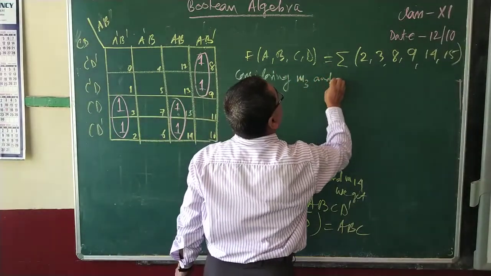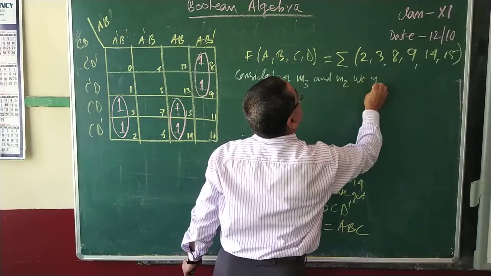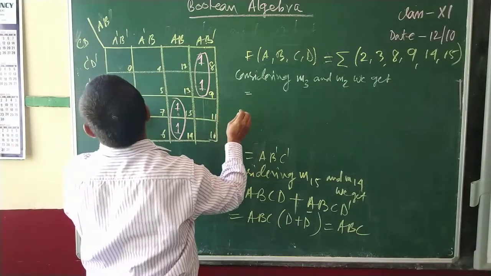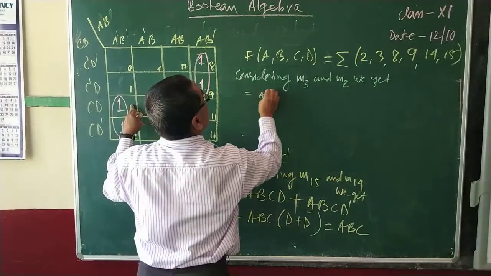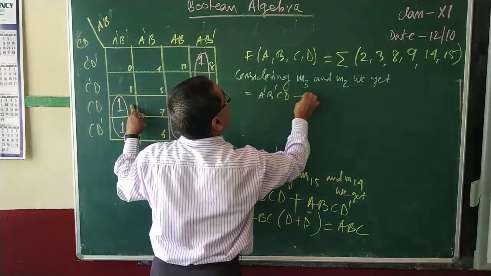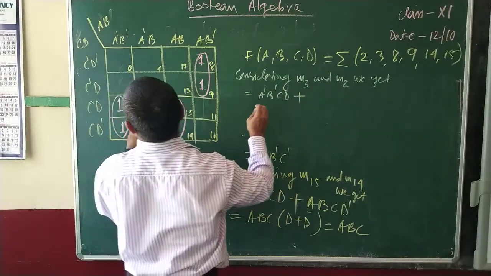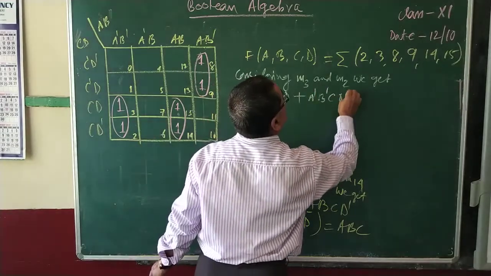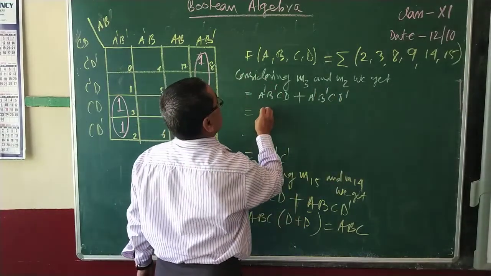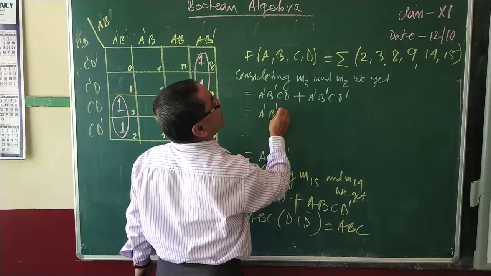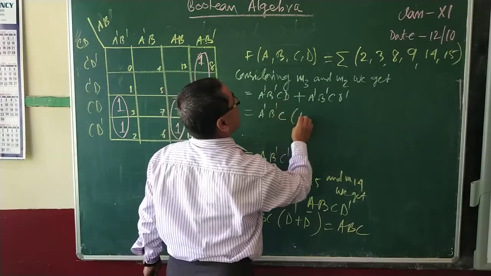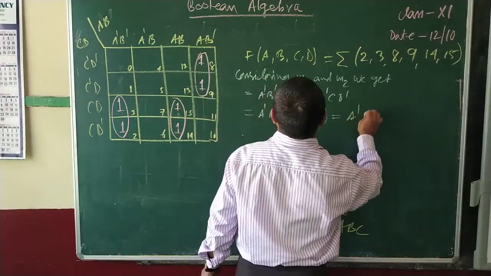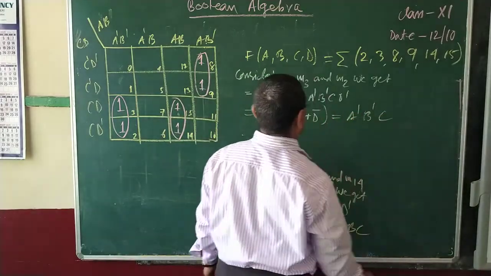M3 and M2 give A complement B complement C D plus A complement B complement C D complement. Taking A complement B complement C common, then D plus D complement. So A complement B complement C is the answer of this.